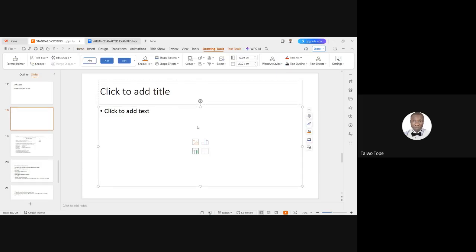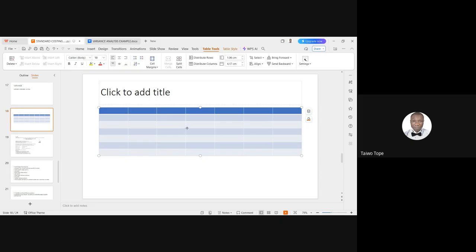The question is, what constitutes variance? What are the elements of variance, or the elements of cost? What makes up cost? Can I get a response to that? Material, labor, overhead.